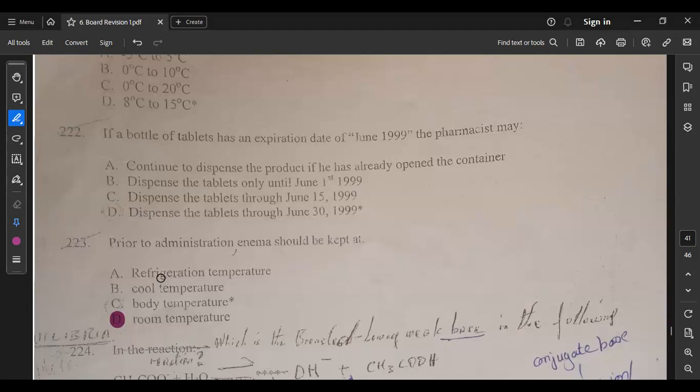In terms of standard instructions, let me just read them out. It says fill the enema bag with your desired solution using warm water. Make sure the clamp is shut. Hold the bag with the hose end down and open the clamp for a moment to get rid of air bubbles, since you don't want any air bubbles.